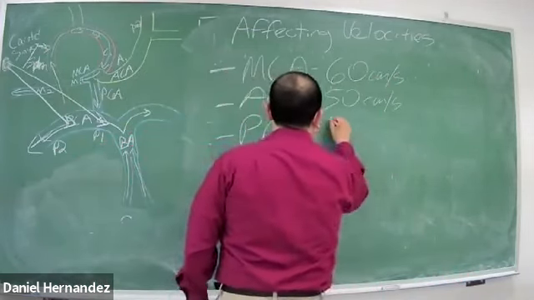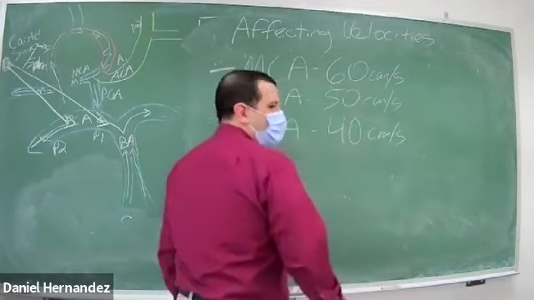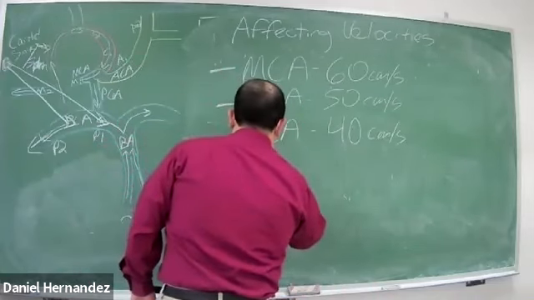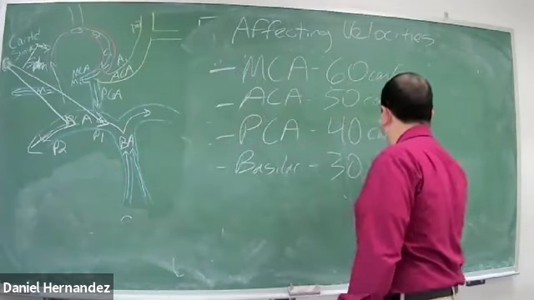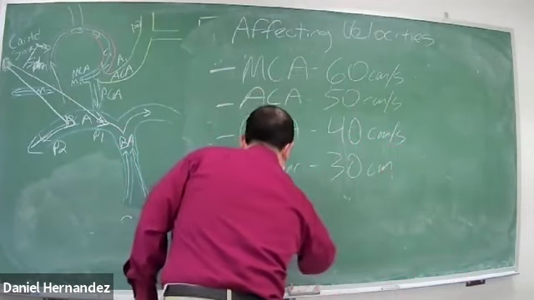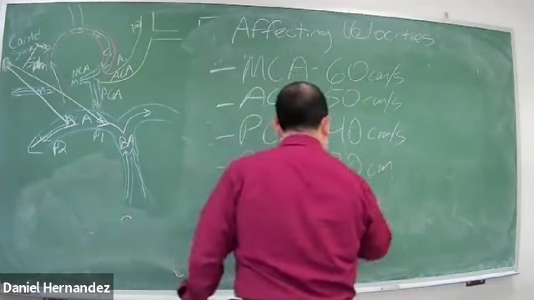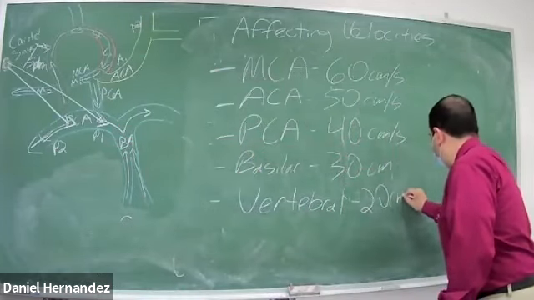Posterior cerebral 40. Basilar 30. Vertebral 20 centimeters per second.